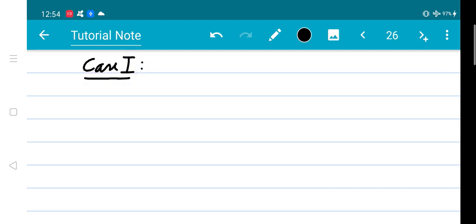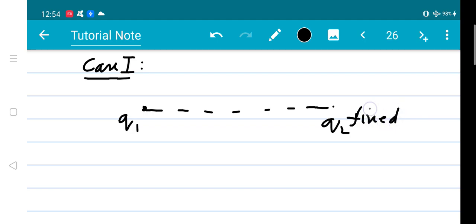Case first is that suppose we have two particles Q1 and Q2. Both the particles are very far apart. Q2 is fixed at its position. Both are positively charged. Q1 is moving towards Q2 with a velocity V0.